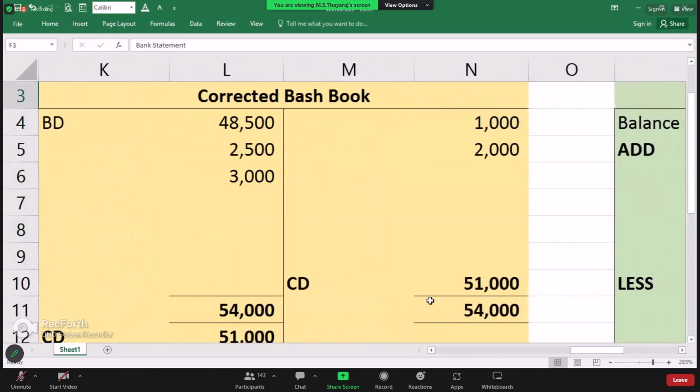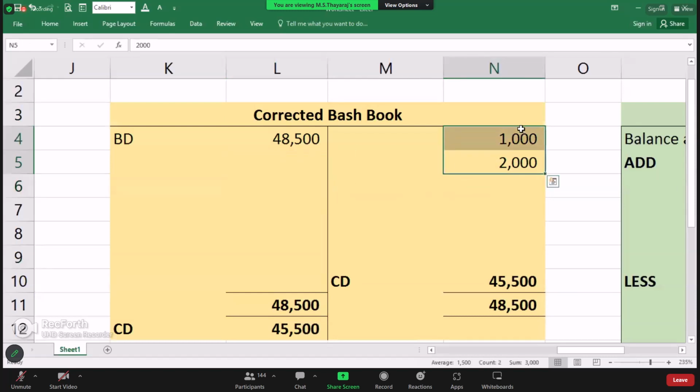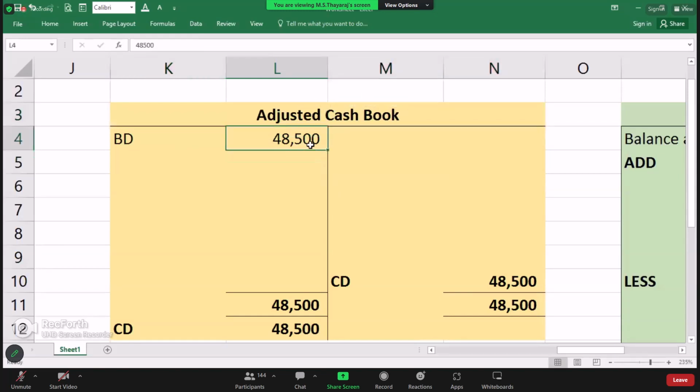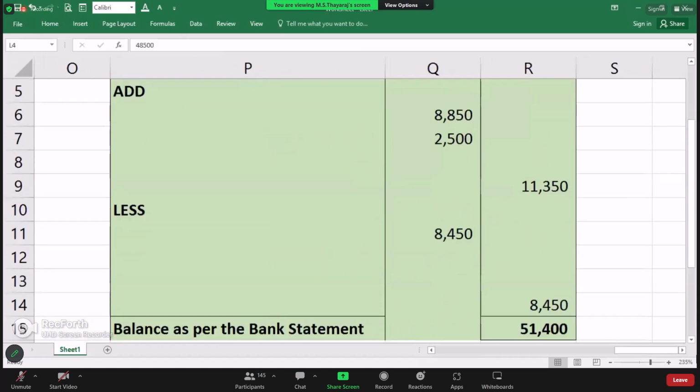Then I have to create the corrected cash book. In the corrected cash book, there are some balances. According to the corrected cash book, sometimes called the adjusted cash book, the balance is according to our balance of 48,500. Then I have to prepare the bank reconciliation statement.